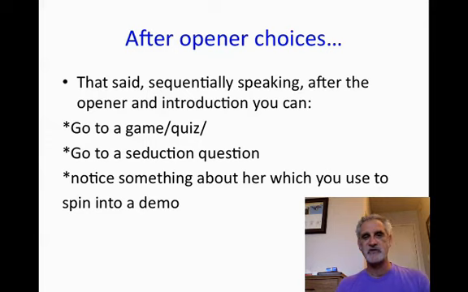And you know, my friend was saying that when you feel that strongly and you look through a window at something you really want, you understand? So you can play off of that. Or you could go to a seduction question. We will do a module this month on seduction questions. It's coming up, so look in the members area. Or you could go to something you notice about her. You know, I just realized something. You make imagery in your mind very, very vividly. Let me show you something. And from there, you can go to a demo.